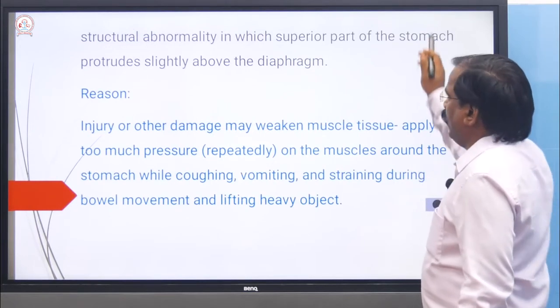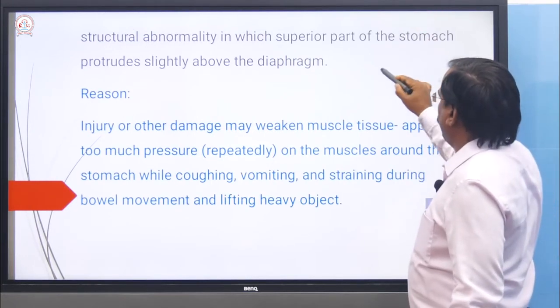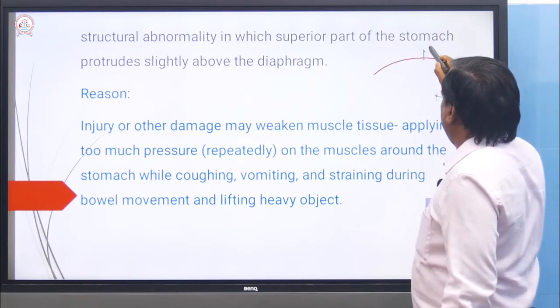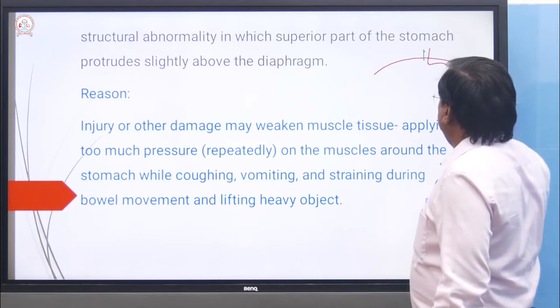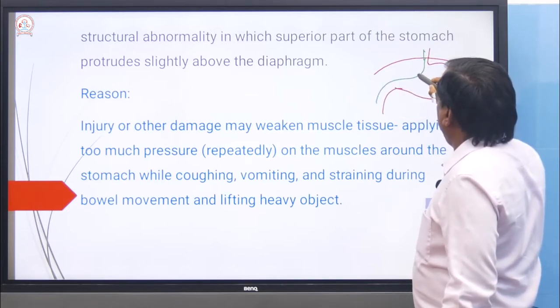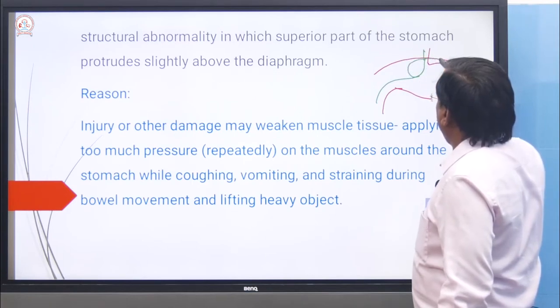it is abnormality. See, listen here, this is the diaphragm and this is the stomach. Here that upper region, that upper part of the stomach, gets damaged.